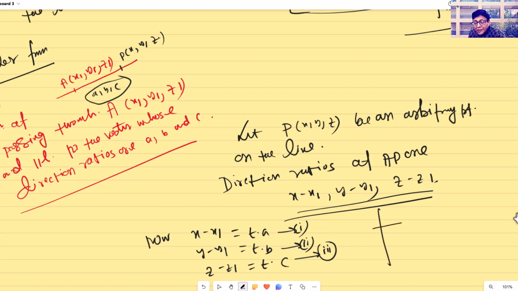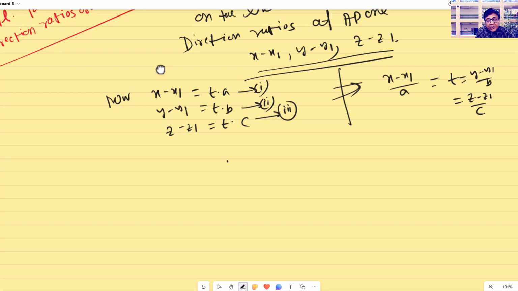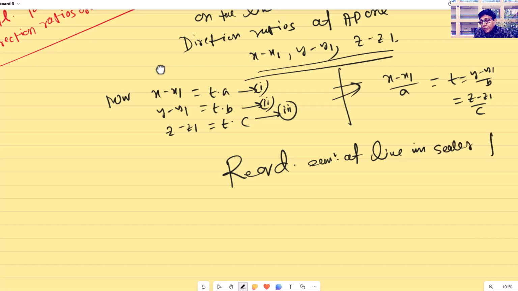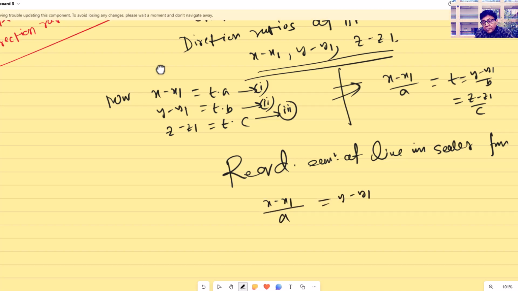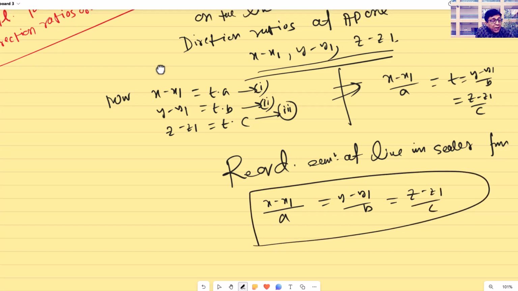Okay, so what we get from here? x minus x1 by A equal to t, which is nothing but y minus y1 by B, nothing but z minus z1 by C. Okay, so we get required, because all are equal to t, so required equation of line in scalar form is going to be x minus x1 by A, y minus y1 by B, z minus z1 by C, and vector form is r equal to a plus tb.